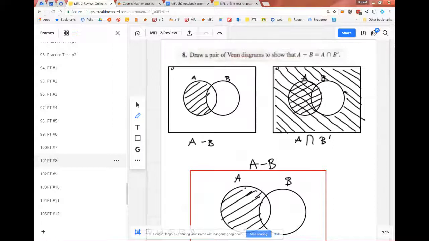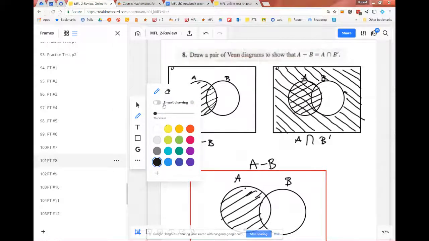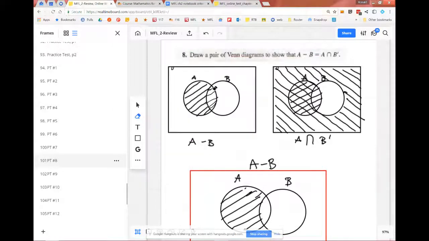You would start with A. There's A. Now remove any part that you shaded that's in set B. You would go in there with an eraser and remove the B part. That's actually how you would do A remove B.